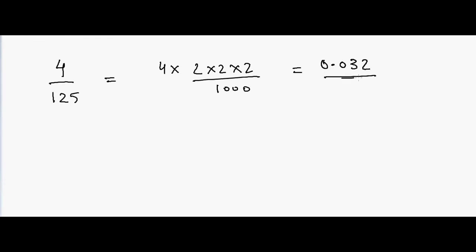So that's our answer. Again, if I have 20 and want to divide by 125, so 2 into 8 is 16. So I get 16 here, and then I have one more 0 here. So this will be my answer.